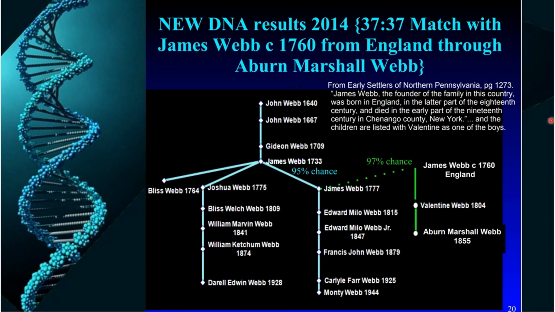So I'm excited to a certain extent. But it's probably better to say we're as close as second cousins, and somewhat closer than to Joshua. So now there's a 97% chance our James is the son of this James. Still the 95% chance that this James, his father, is this James.